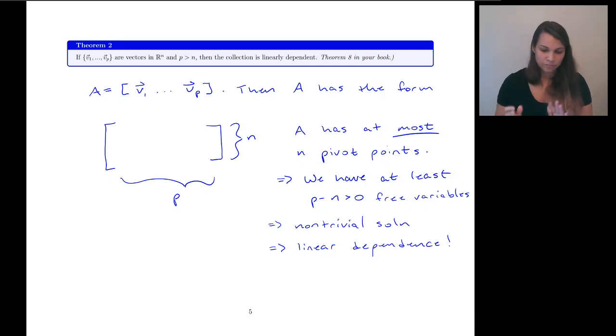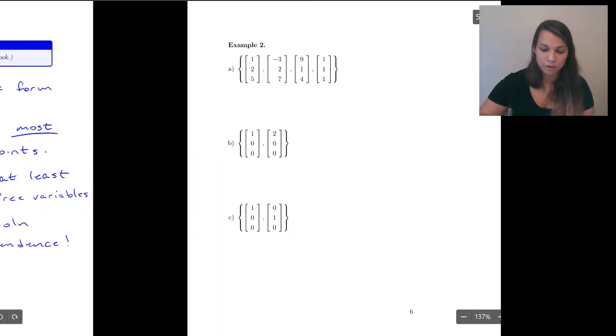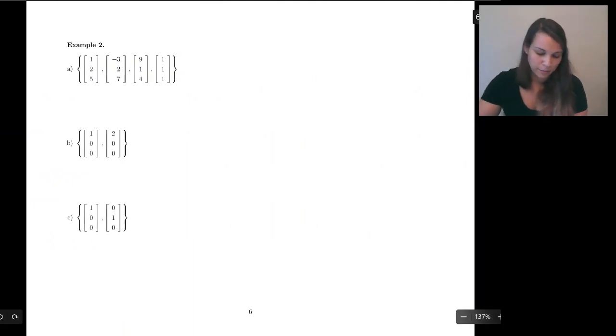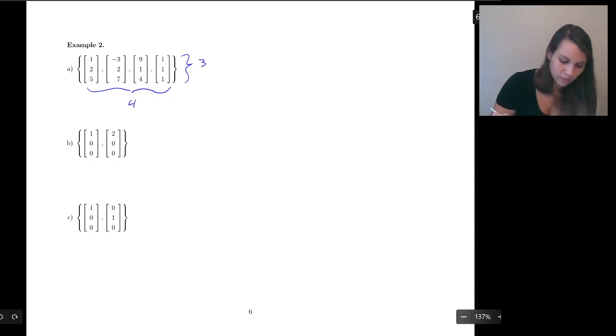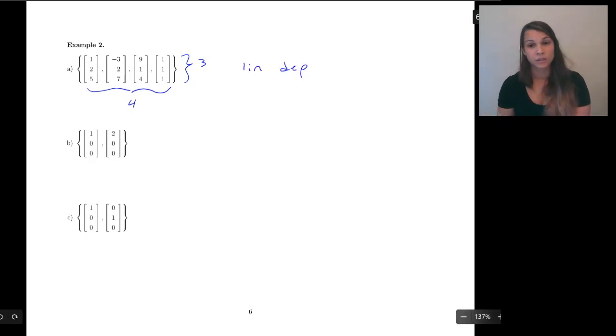All right, so now that we have some special cases, let's look at an example with some special cases. Here we go. We have 4 by 3. So we have linear dependence because we have more vectors than we do entries.